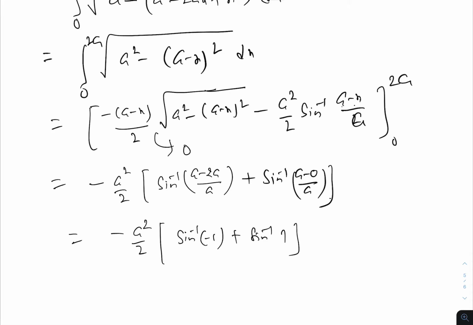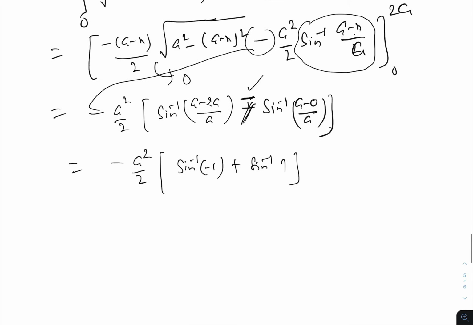Okay, sorry, because we have taken minus sign outside, here we should have minus sign. Upper limit sine inverse a minus 2a by a, and minus sine inverse a minus 0 by a. So, this is minus sign. See, otherwise there will be a mistake. Sine inverse minus 1 and plus sine inverse 1, it will become 0. The answer is not 0.